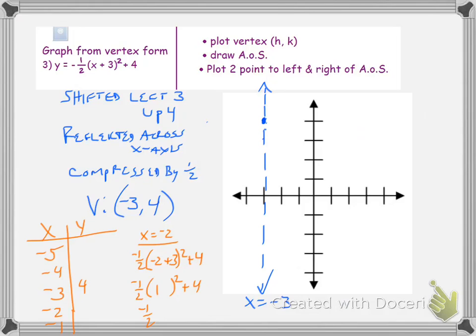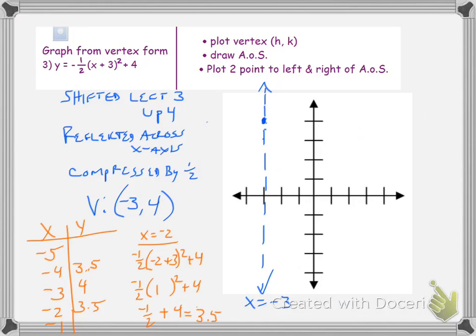So -1/2 times 1 squared, well 1 squared becomes 1, so that's going to be -1/2 plus 4. And I'm okay with you using a decimal for this point because you're going to need to write it on the number line basically. So 3.5.